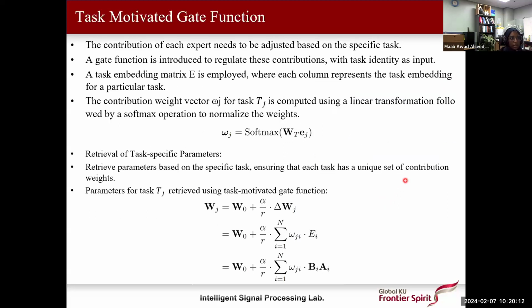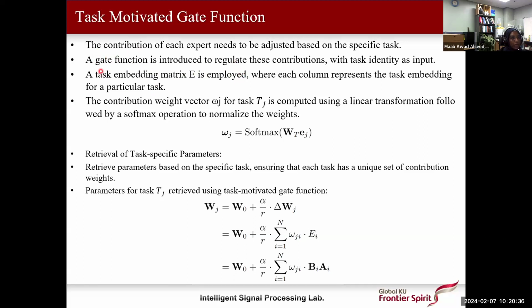So how does the task-motivated gate work? As I said before, the task-motivated gate function determines how much each expert contributes to the current output, or the current sample.